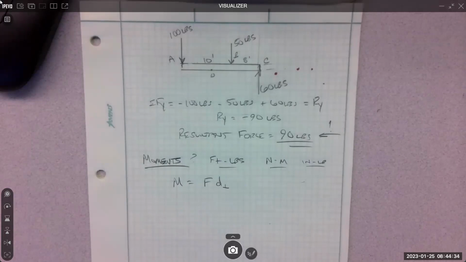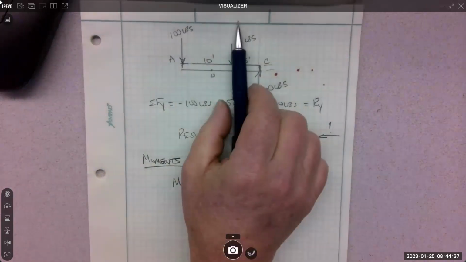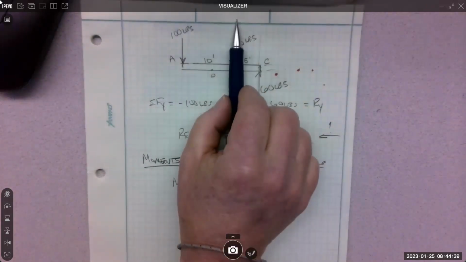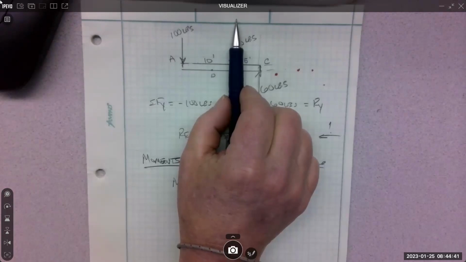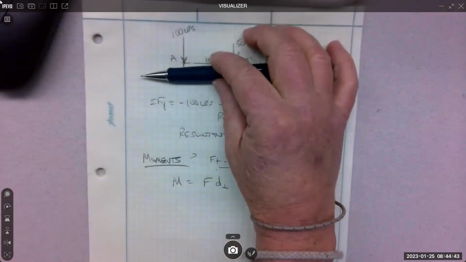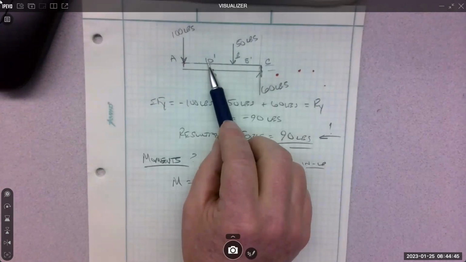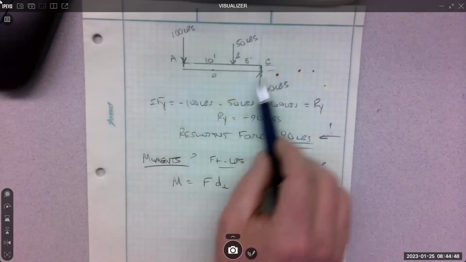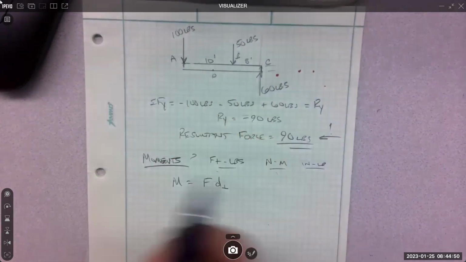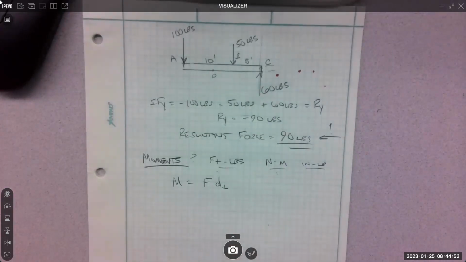So let's try to clarify that. This is the simplest system. These forces are vertical. Where's perpendicular to vertical? Horizontal, right? And our distances are horizontal distances. So this is super simple in that we just see forces and distances, and they're perpendicular to each other.